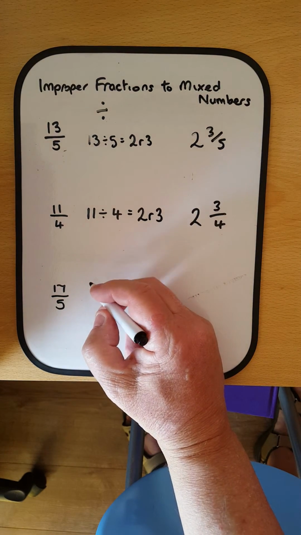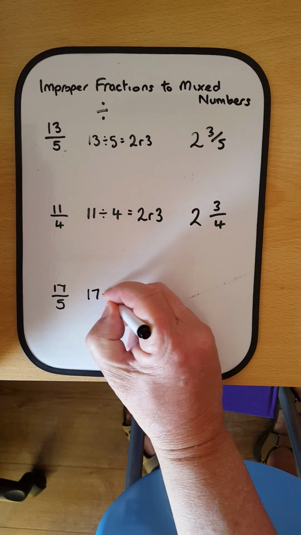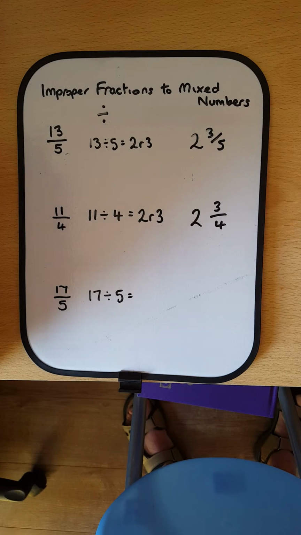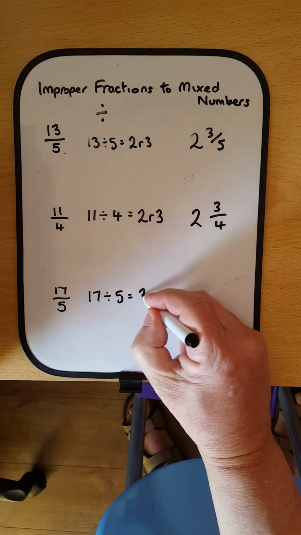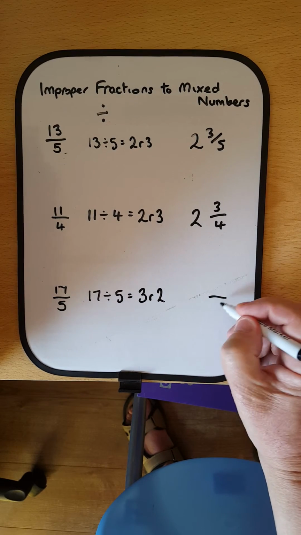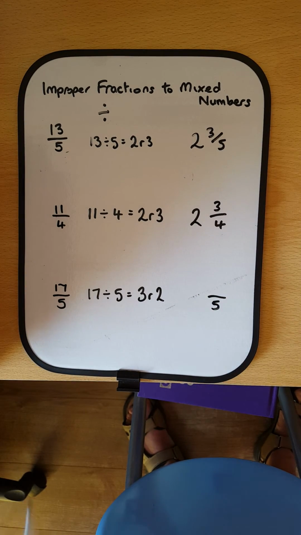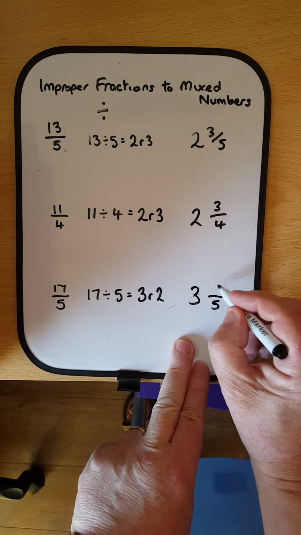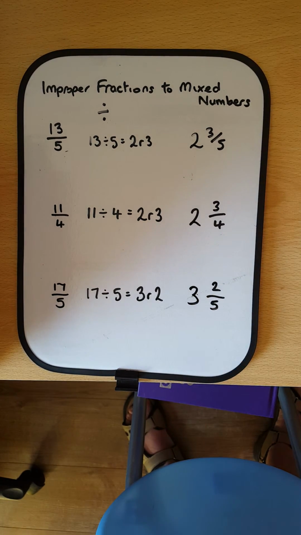Last one, 17 over 5 means 17 divided by 5. How many 5s are there in 17? Well, 3 5s are 15, so it's 3 remainder 2. Our bottom number is going to be 5 because that's where we started with. The answer to our question was 3 2/5. And that's it. That's how you change improper fractions to mixed numbers.